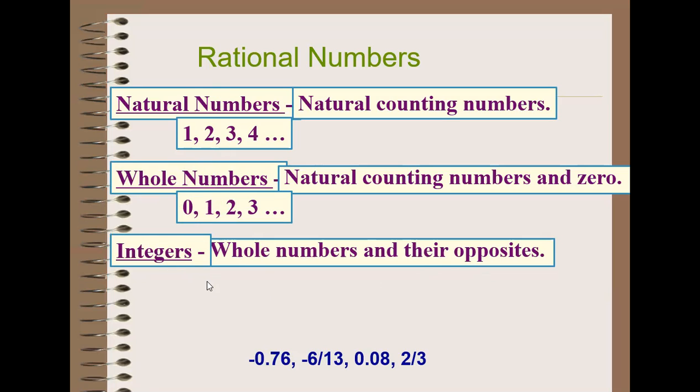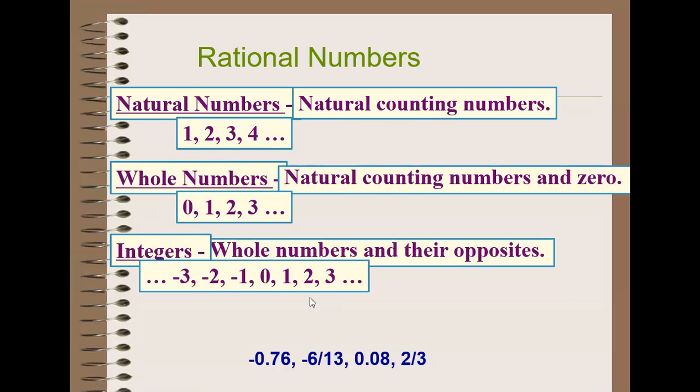You can note here that the basic set was natural counting numbers, and when we added 0, it became whole numbers. When we added the opposites of the whole numbers, this is called integers. So any number that belongs to the natural counting numbers will be in the whole numbers, and any number in the whole numbers will belong to the integers.